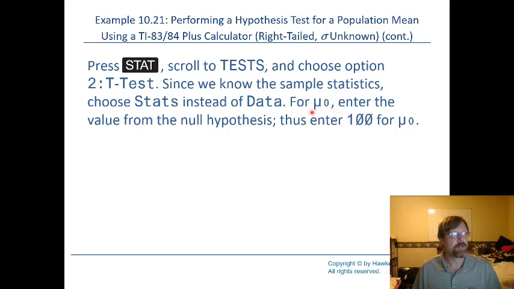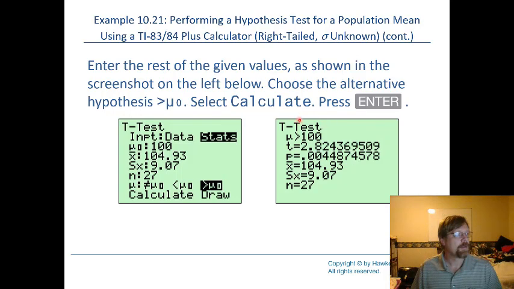Enter the null hypothesis mean, so that's 100, the sample mean, sample standard deviation, sample size, and tell it that we're looking for something greater than the null mean.